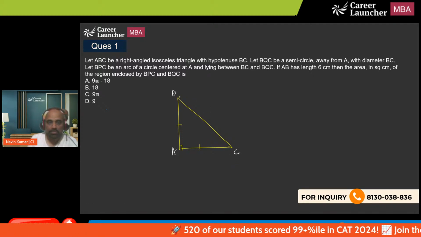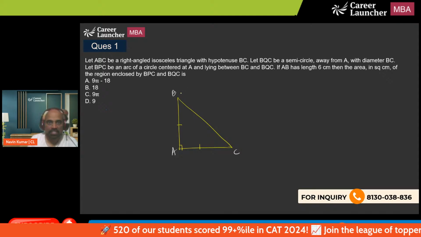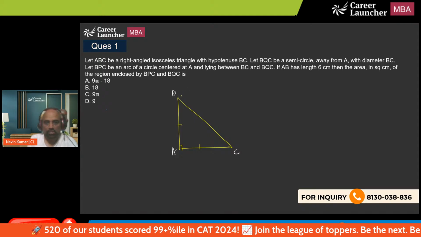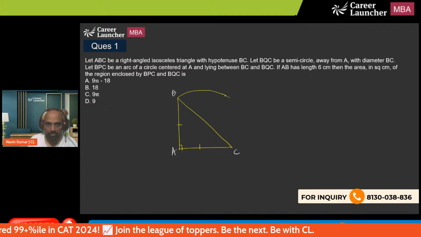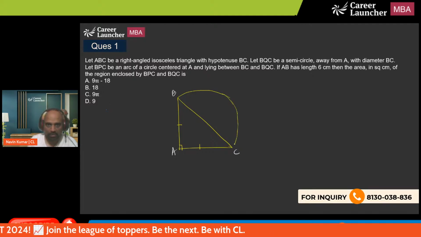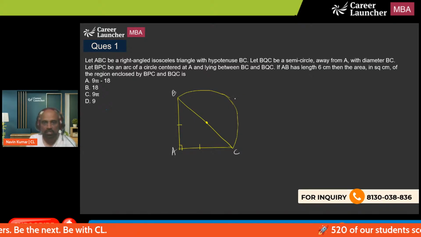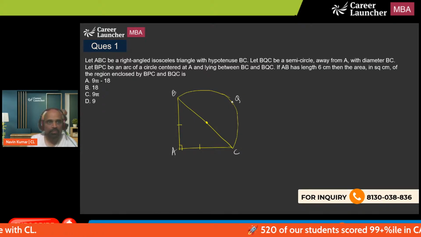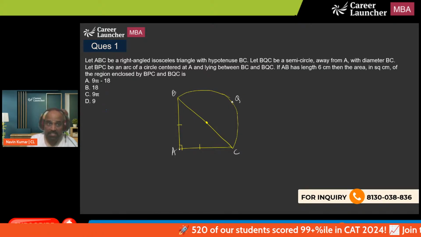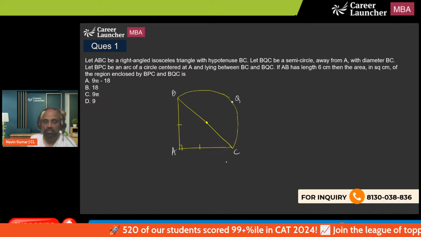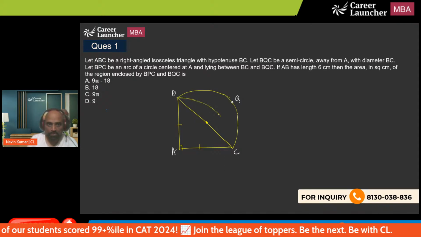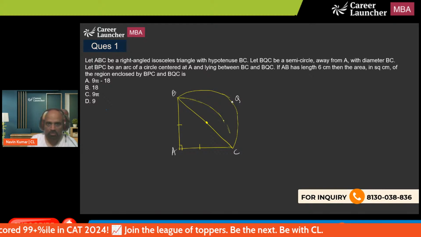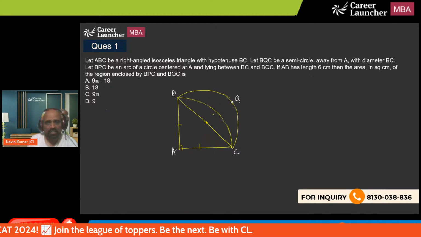And then BQC is the semicircle with diameter as BC. So this is what we are going to have. So the center is going to be here, and this point is, let's say, Q. Now, if we take A as the center and if we draw a circle, this is the circle we are going to get, or quarter of a circle basically.